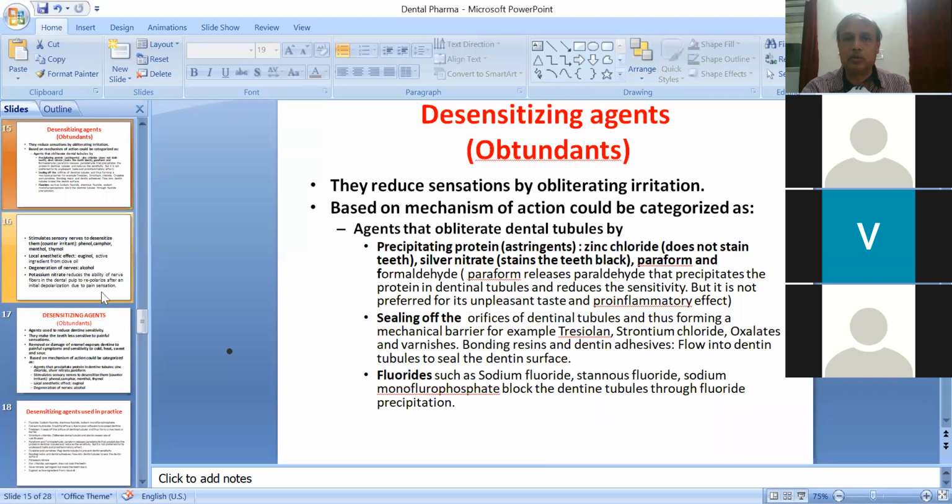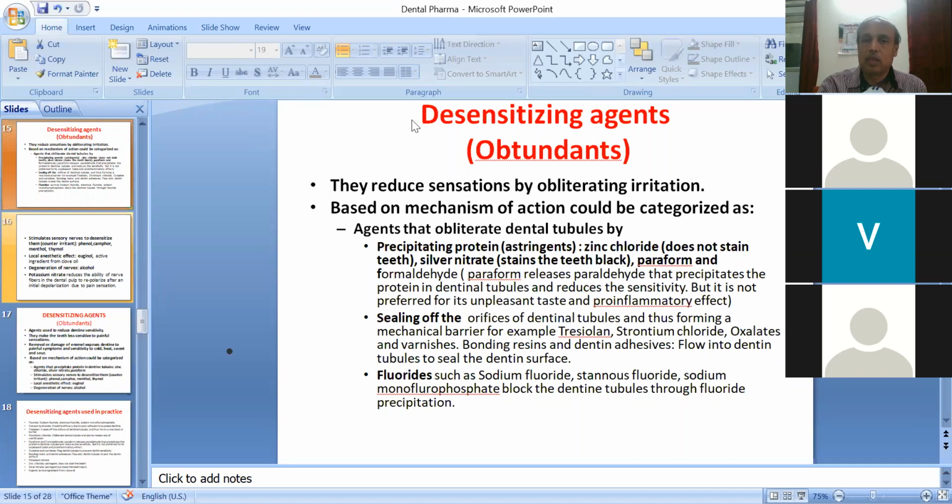So sealing of the orifices of dentin tubules, thus forming a mechanical barrier. For this purpose, we are using Tresilon, strontium chloride, the various oxalates, varnishes, the bonding resins and dentine adhesives which flow in the dentine tubules to seal the dentin surface.